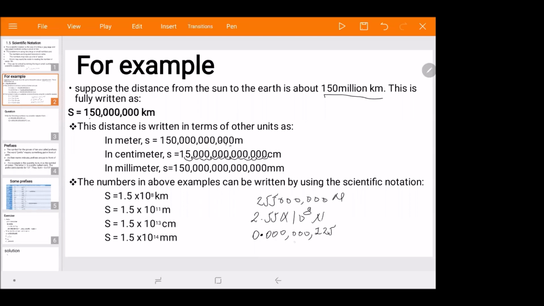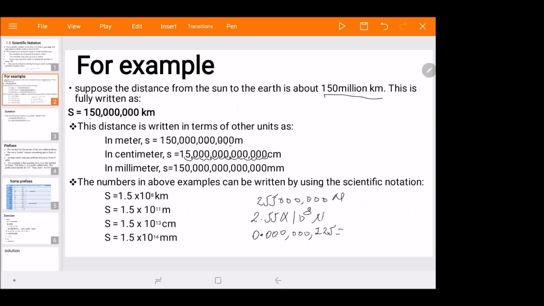If you want to write this again by scientific notation, you must start from the left. For such a decimal number, you must start from the left and count to the right. Have you seen the difference between them? For a very large number, you must start from right to left. For a small number, you must start from left to right.